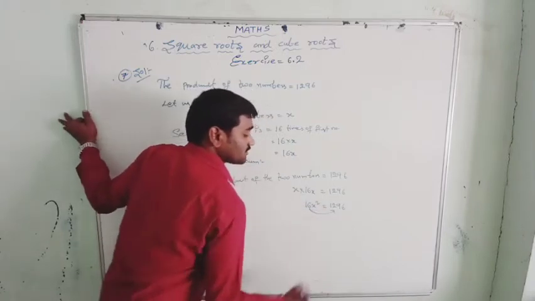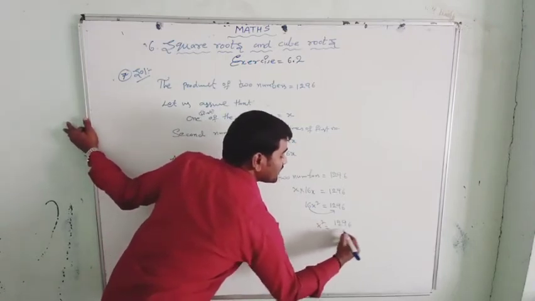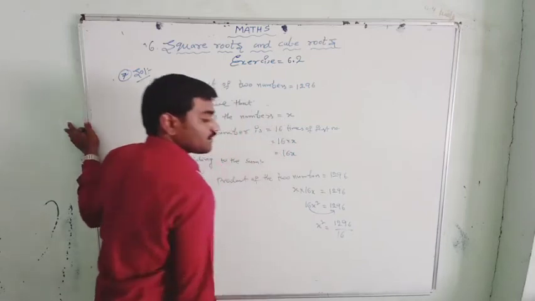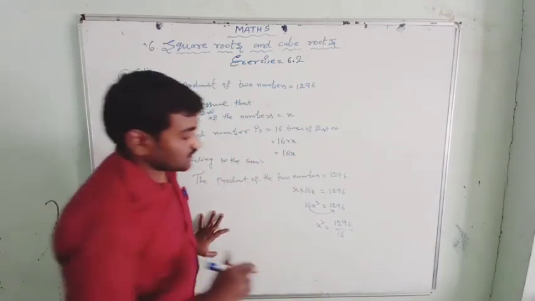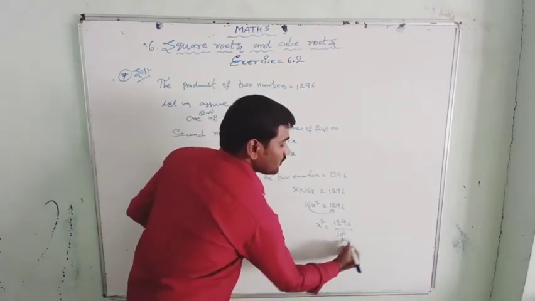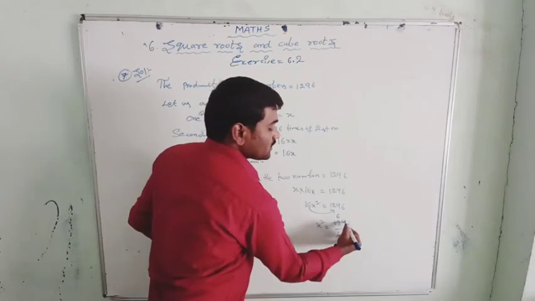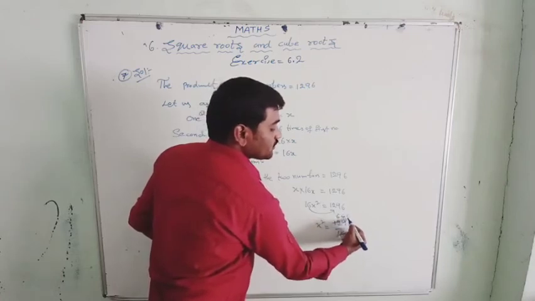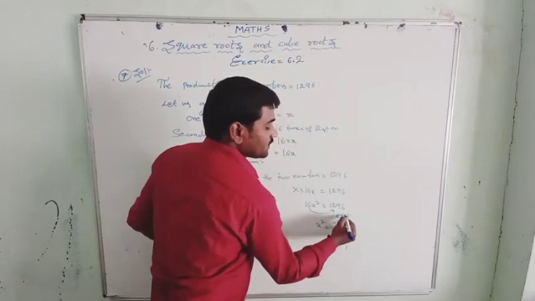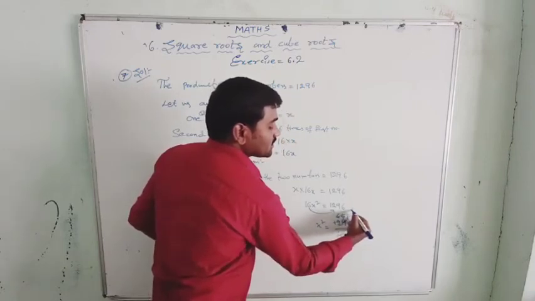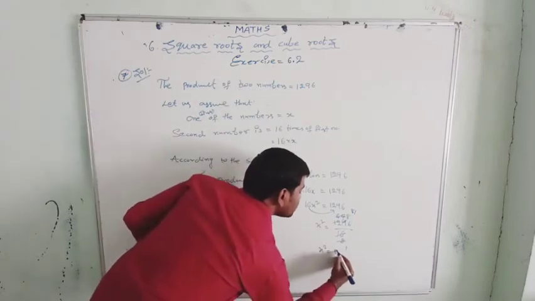This 16 you transfer to the other side, so x square equals 1296 by 16. We cancel in the 2 table: 2 8s are 16, 2 6s are 12, 2 4s are 8, 2 8s are 16. Now 8 1s are 8, 8 8s are 64. So x square equals 81.